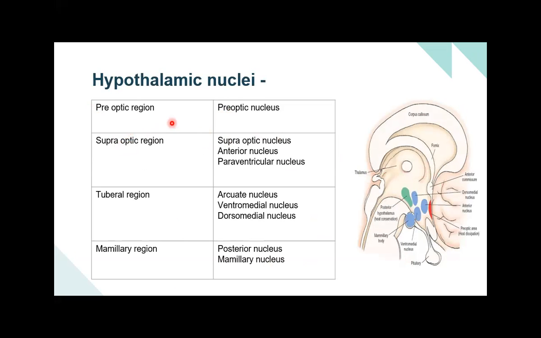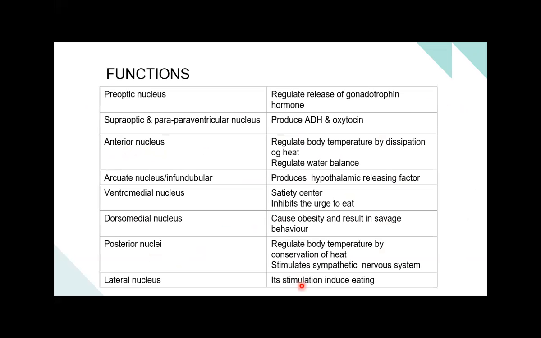In the preoptic region, which lies above the optic chiasma, there is the preoptic nucleus. In the supraoptic region, there are the supraoptic nucleus, anterior nucleus, and paraventricular nucleus. In the tuberal region, there are the ventromedial nucleus, dorsomedial nucleus, and arcuate nucleus. And in the mammillary region, there are the posterior nucleus and mammillary nuclei.